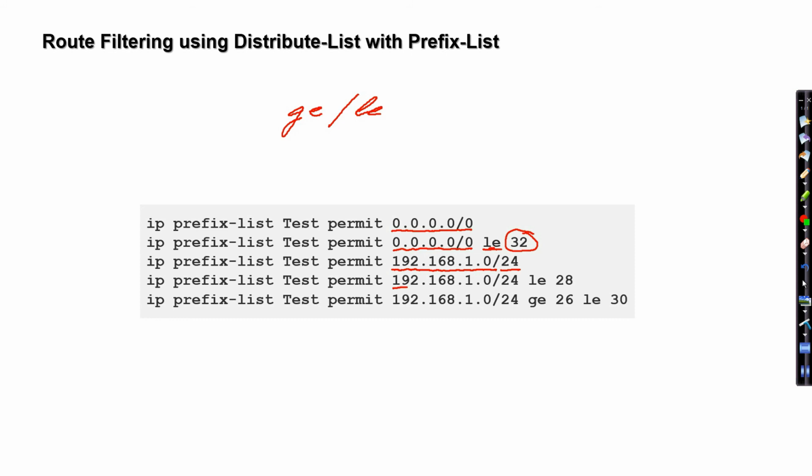The fourth example, 192.168.1.0/24, 25, 26, 27, and less than or equal to /28. And the last example, 192.168.1.0/24, but must be from 26 to less than /30, which is a mask of 192 all the way to the 252.